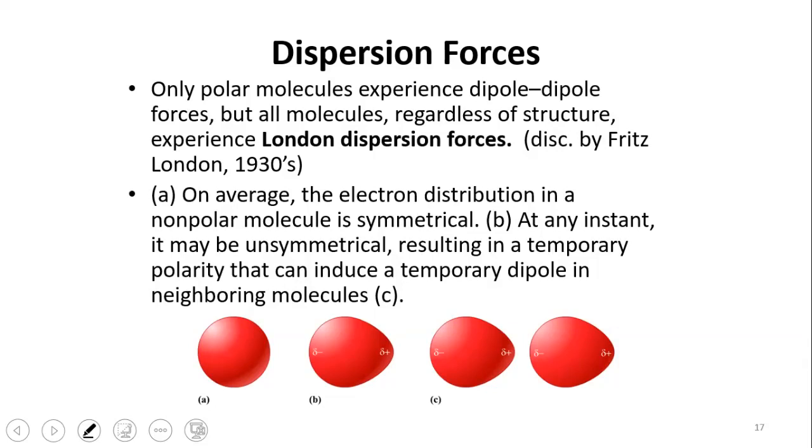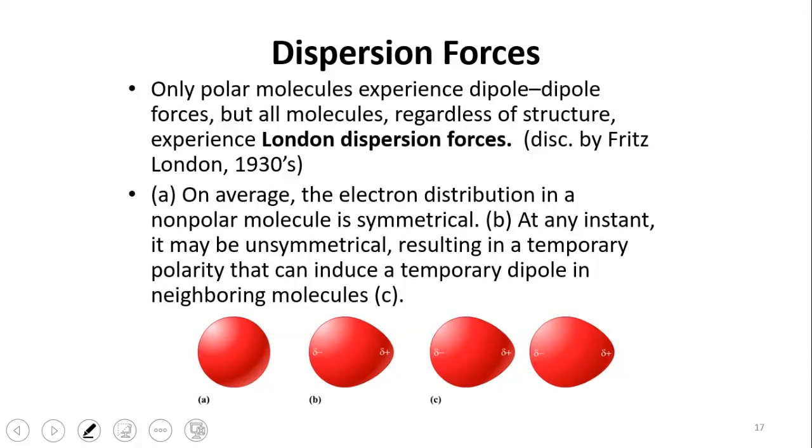And so, by sheer probability, at any instant, that electron cloud might get distorted, like we see in B. It may become temporarily non-symmetrical, which results in a temporary polarity, a temporary dipole. And when that molecule is near another one, it induces that other molecule to also form a temporary dipole. This is not a static thing, it's a very dynamic thing.